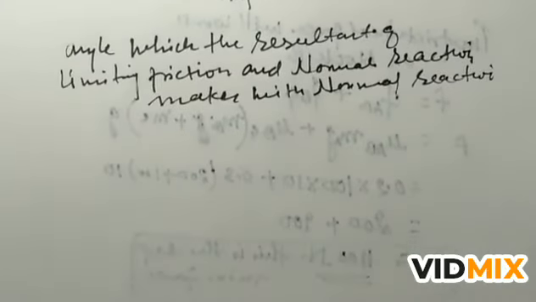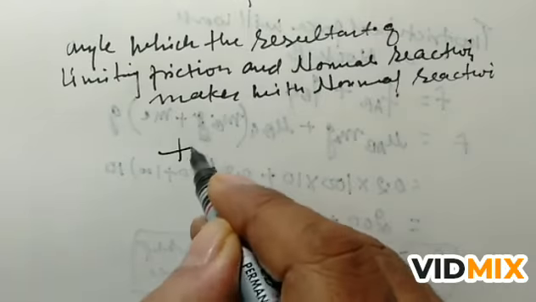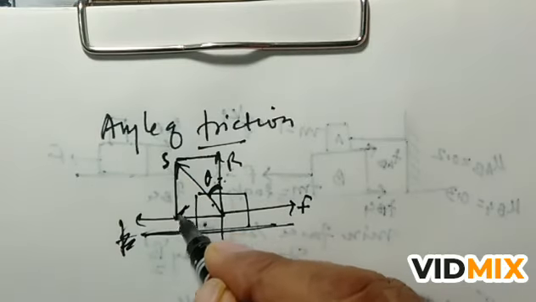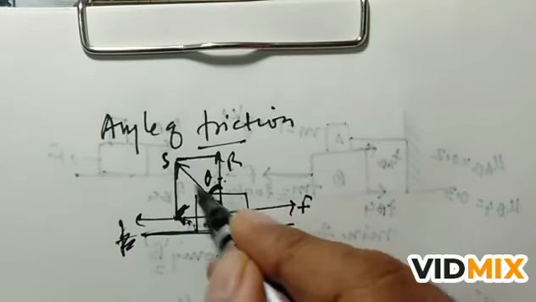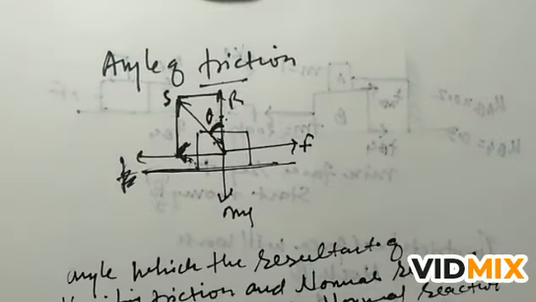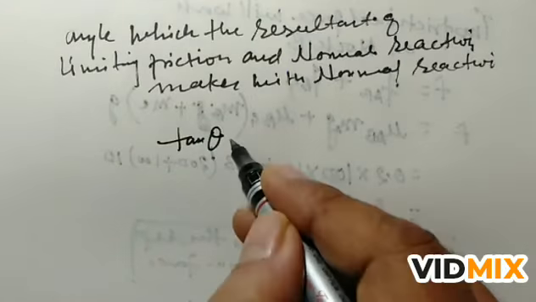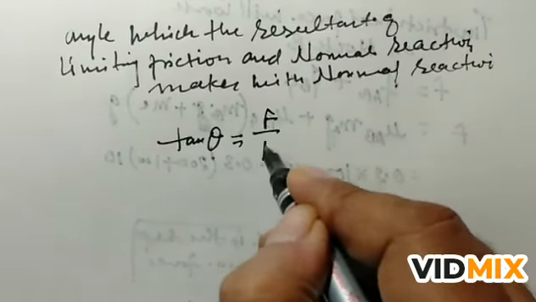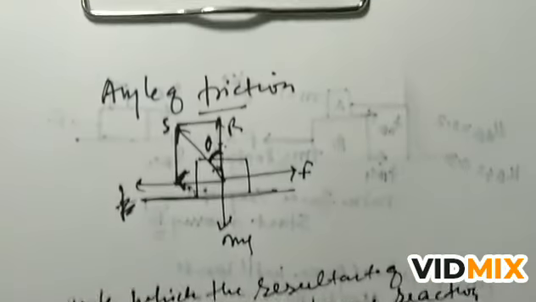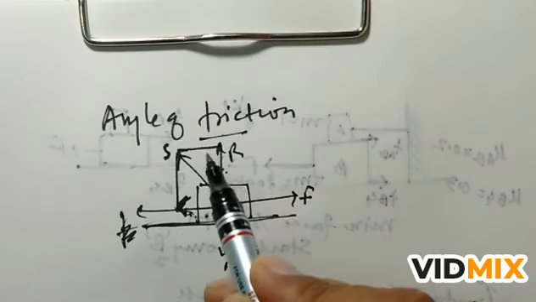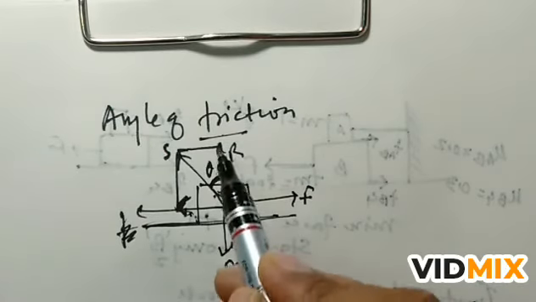So by definition, tan theta is, this is F, this is R. So tan theta is equal to F by R. This is perpendicular F and this is base R.